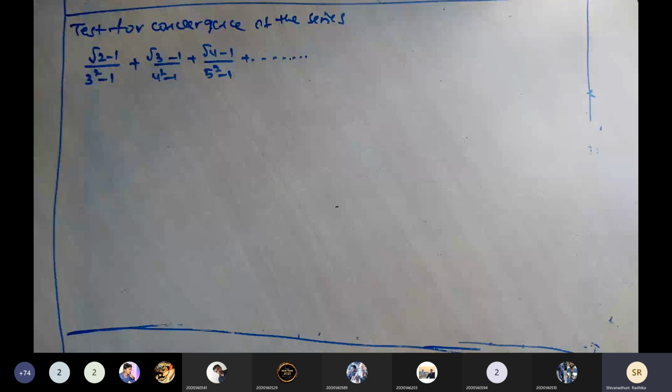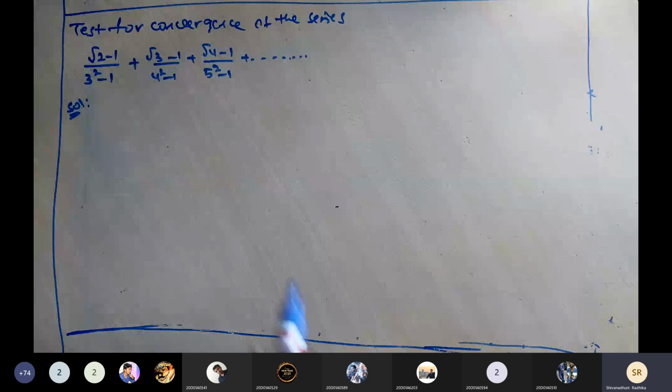Now, in any problem where the summation is given, we can directly write the nth term, that is the Un term.